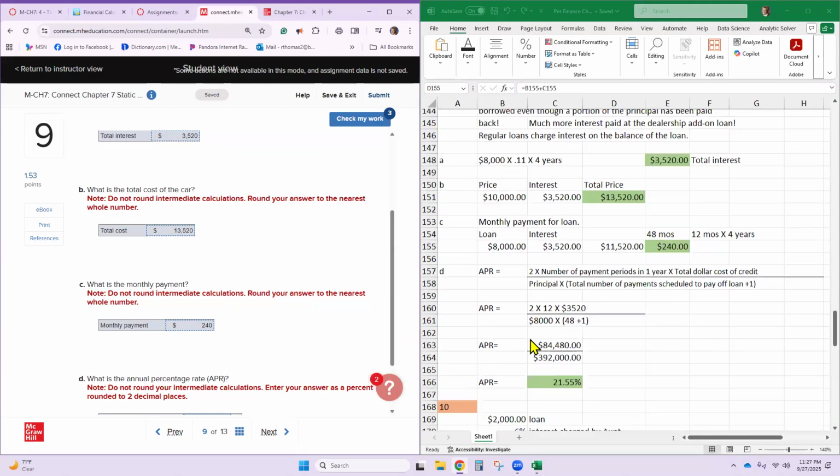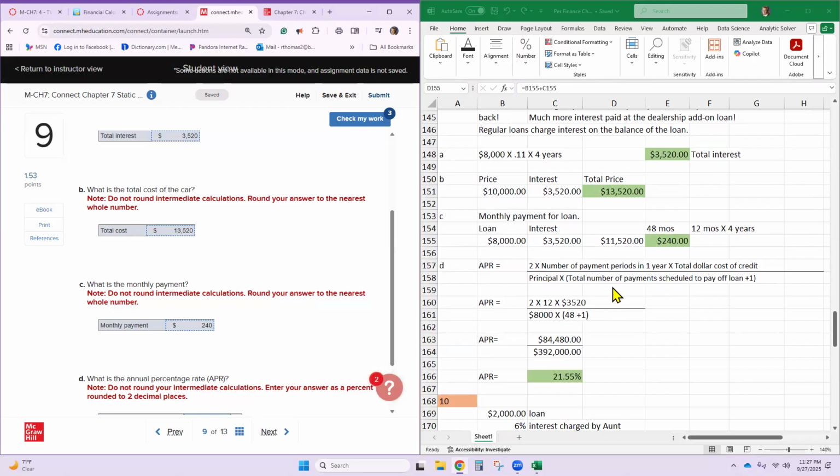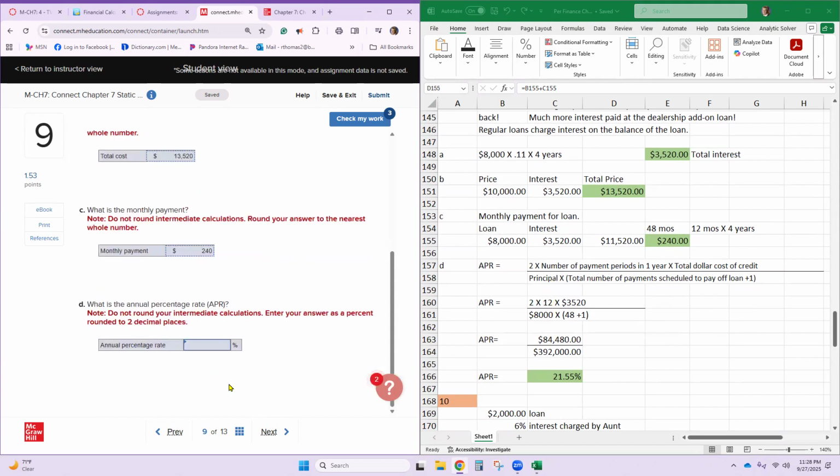Now we're going to use that bigger annual percentage rate problem because we're paying this loan back $240 a month. So let's put in the information to find the APR. Let's remember the formula. 2 times the number of pay periods in 1 year times the total dollar cost of credit, over principal times total number of payments scheduled to pay off the loan plus 1.